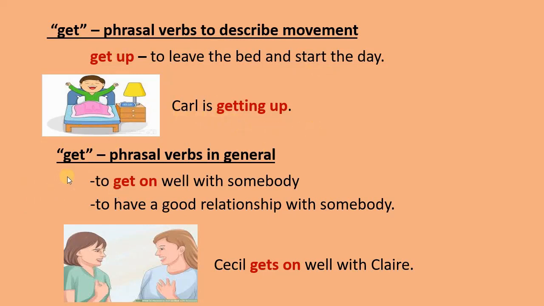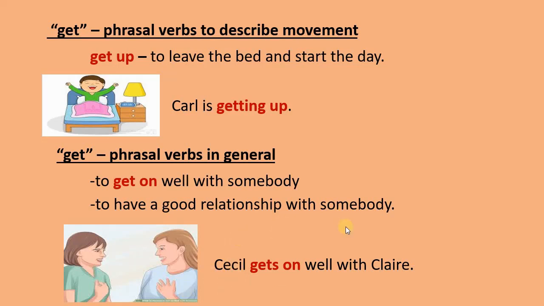Next, get phrasal verbs in general. To get on well with somebody, which means to have a good relationship with somebody. So, if you're friends with somebody, if you like somebody, we say we get on well with them.